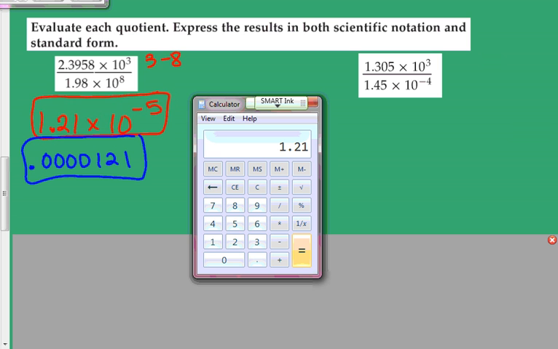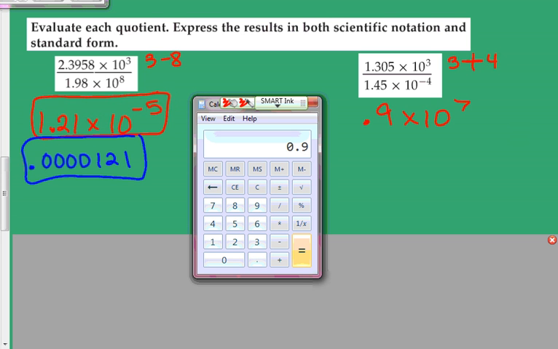Okay, real quick, let's try to get through another one. 1.305 divided by 1.45, and that gives us 0.9. So I've got 0.9 times 10, and then it's 3 minus a negative 4. So it's 3 plus 4, which gives us 7.